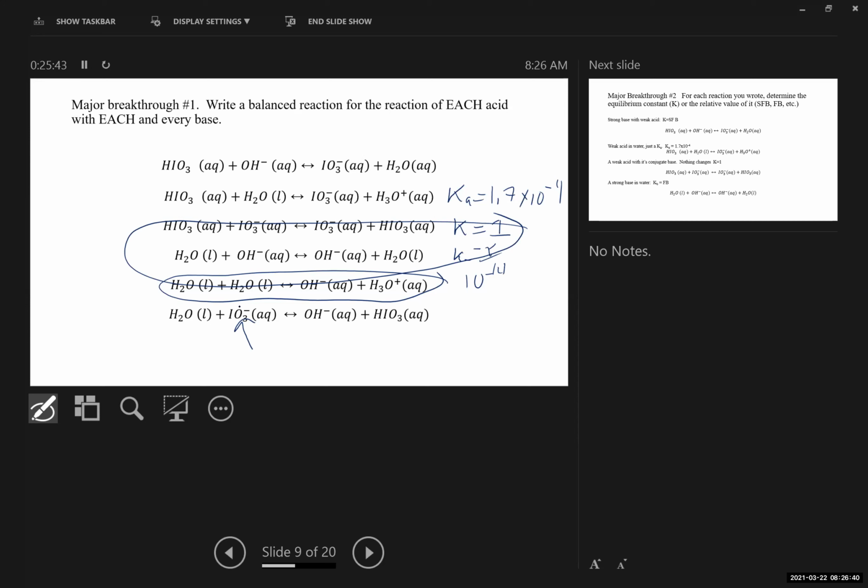It's a Kb. Specifically, it's a Kb of a conjugate, so how do I get the K? Thank you, Kw over Ka.